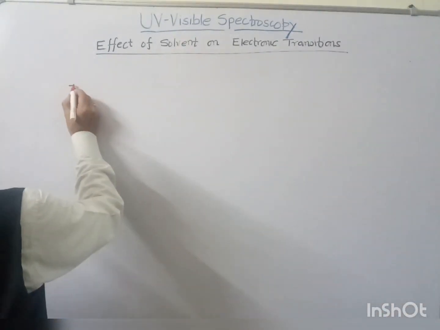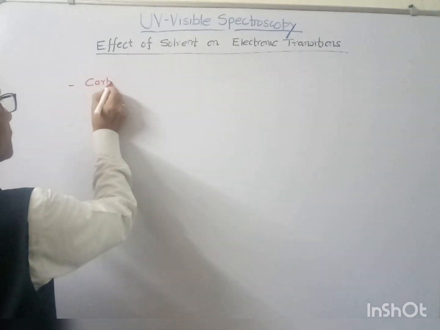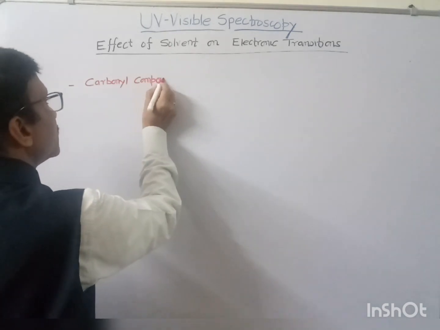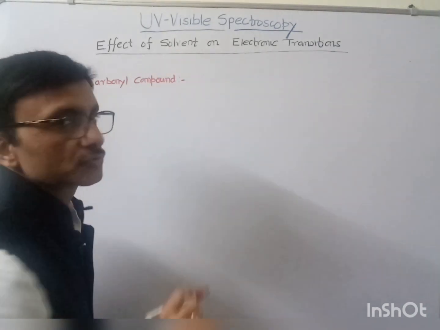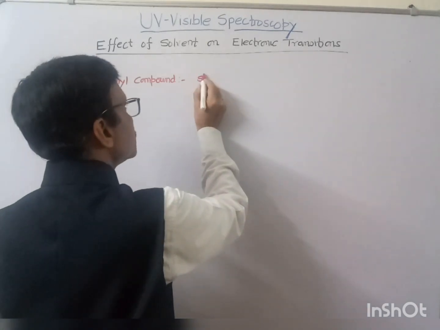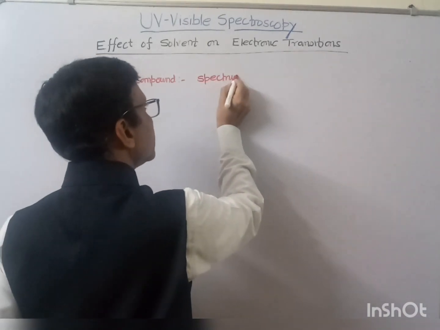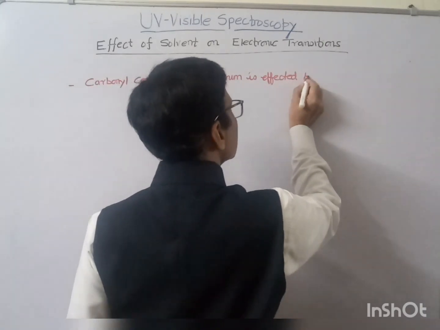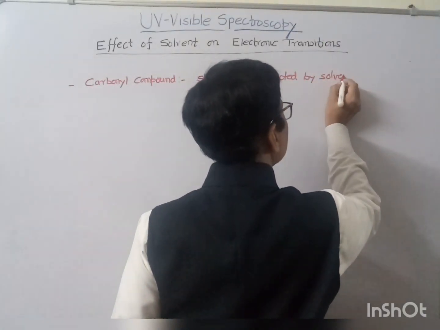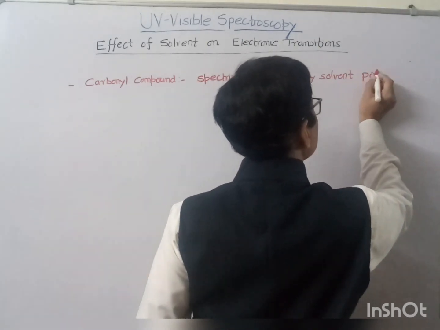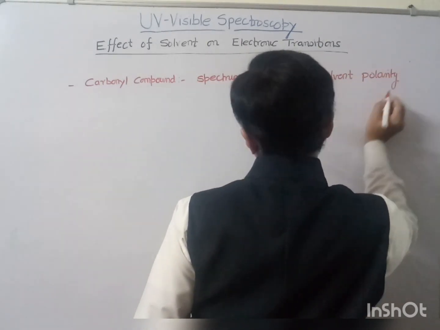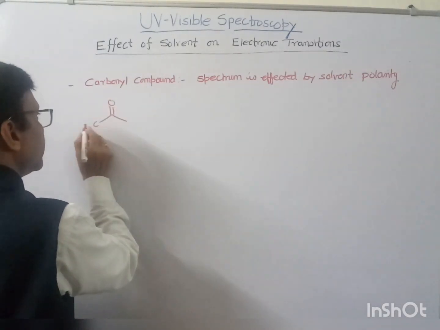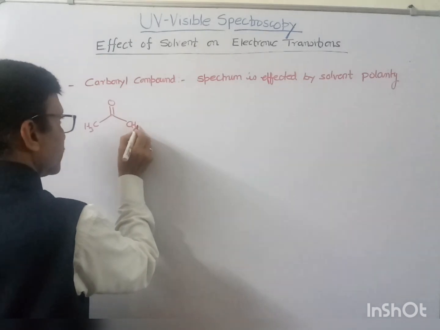For carbonyl compounds, the spectrum is affected by solvent polarity. So suppose we have acetone, then we have different transitions.